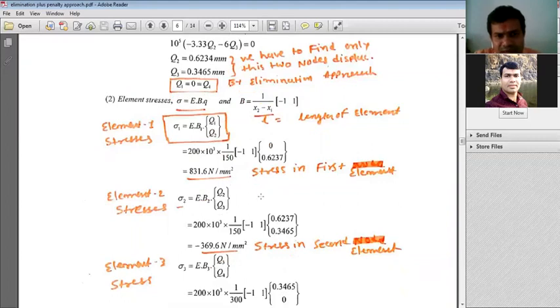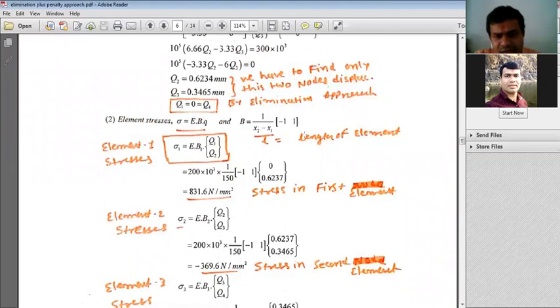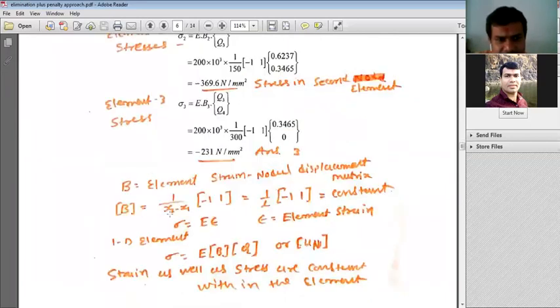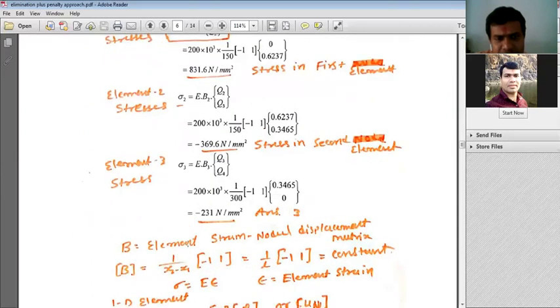E is known, B is nothing but 1 upon x2 minus x1 times minus 1, 1. Here you have to keep in mind what B is. It is the element nodal relationship. Remember, B is nothing but the element strain nodal displacement matrix. It depends upon 1 upon x2 minus x1, which is nothing but length: 1 upon L times minus 1, 1. It is a constant value. Right?